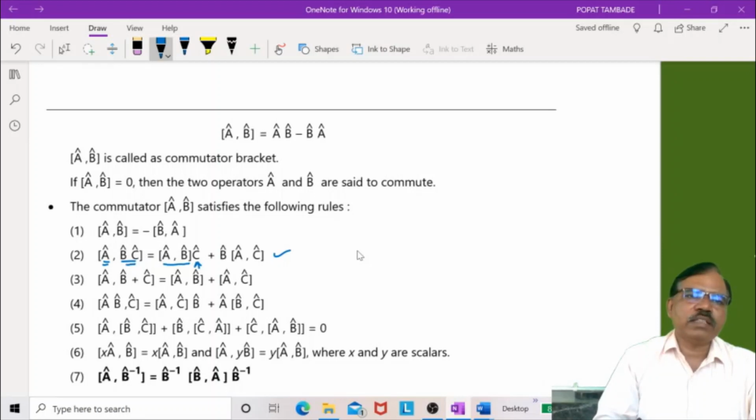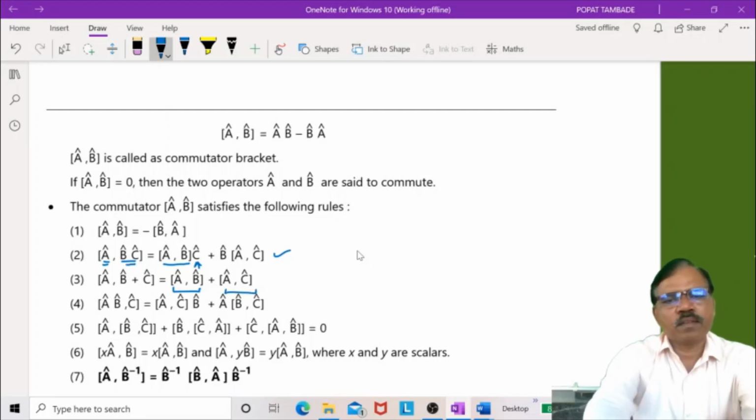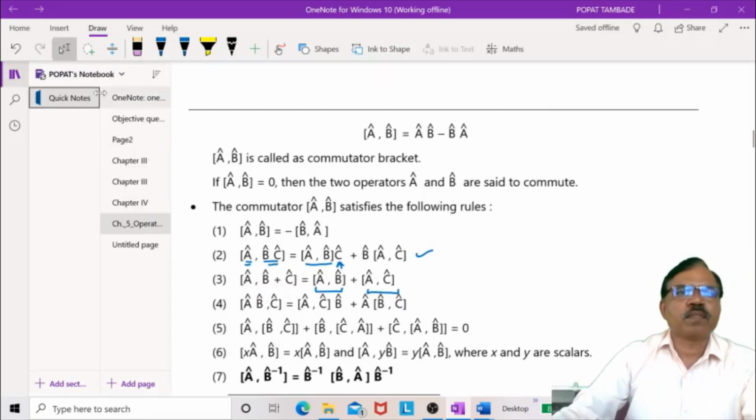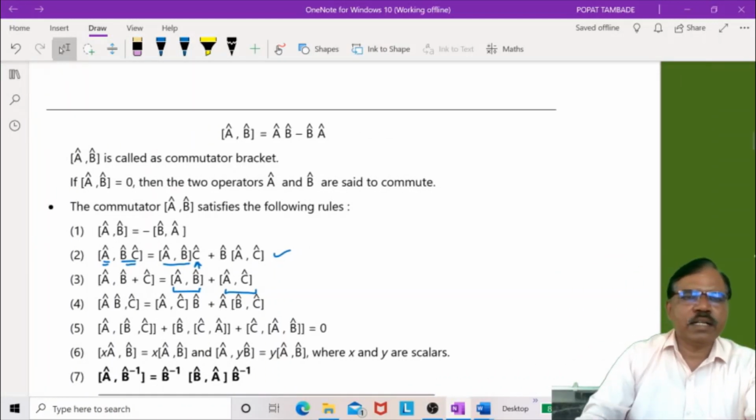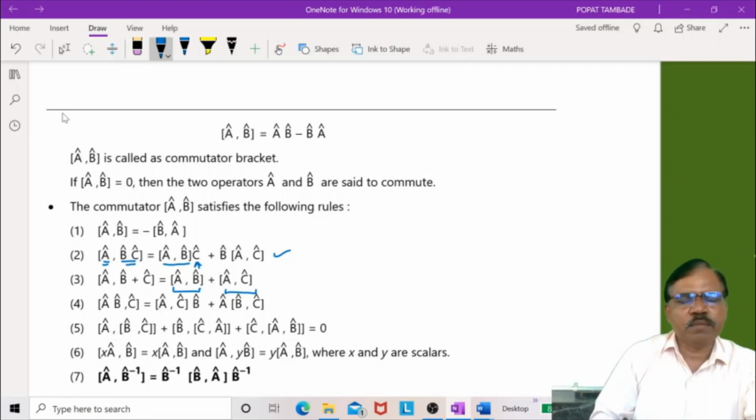Then the next one, commutator [A, B plus C] will be equal to commutator [A, B] plus commutator [A, C]. Now the next relation, commutator [AB, C] is equal to commutator [A, C] multiplied by B plus A multiplied by commutator [B, C].